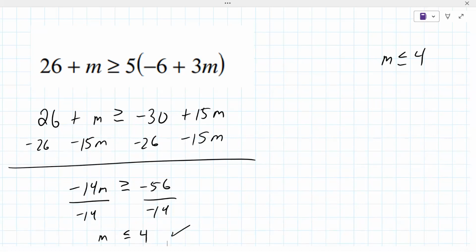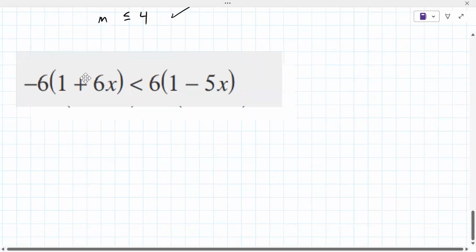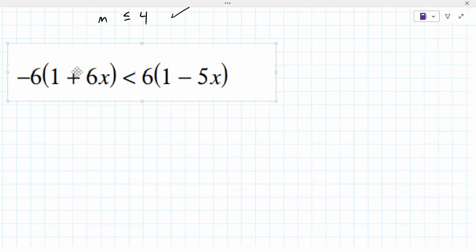Good. All right, let's just do a couple more of these. I got x is greater than negative 2.